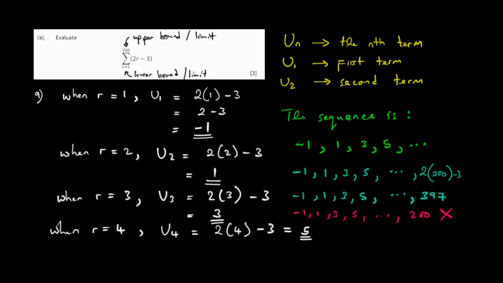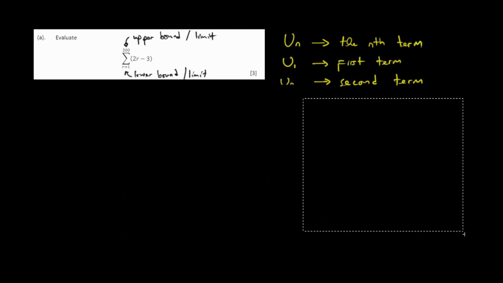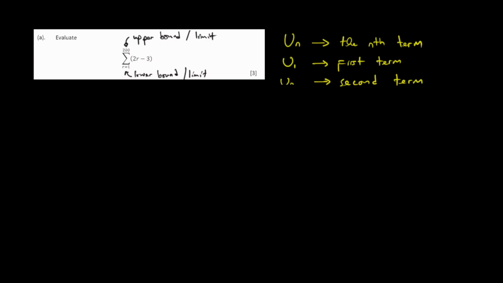So let us remove this part so that we can reinterpret it properly. Let me write the sequence: minus 1, 1, 3 and 5, and so forth up to 397. Is this an arithmetic progression or a geometric progression?